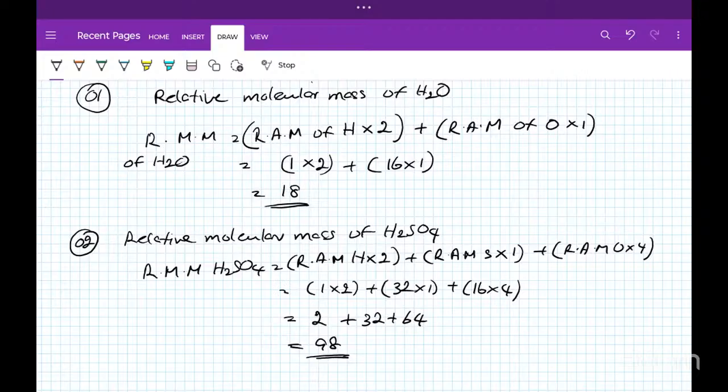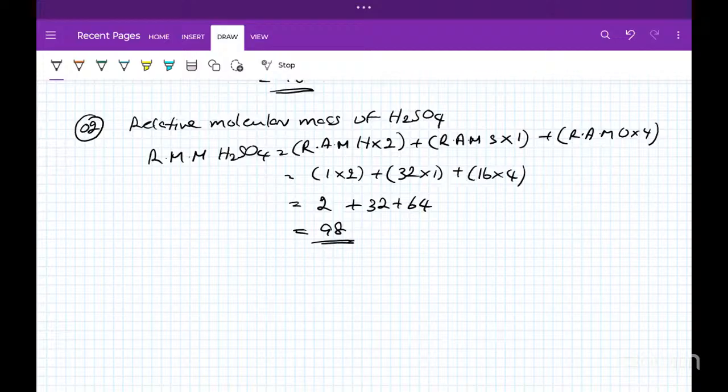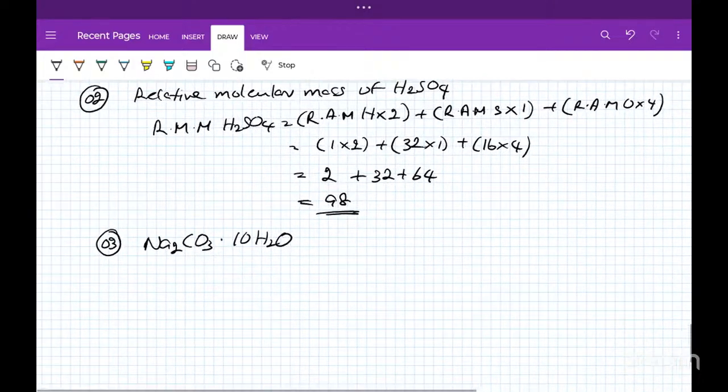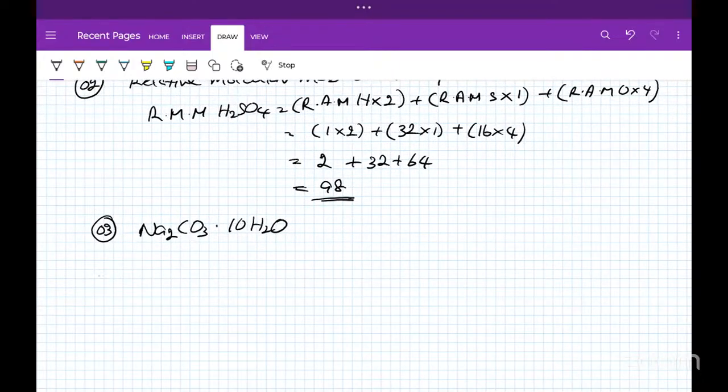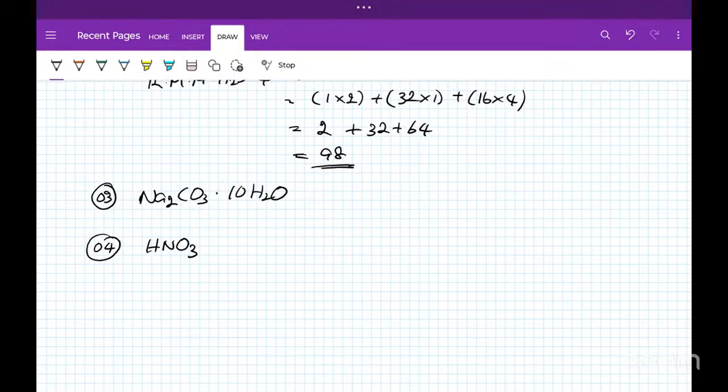Now I will give you some examples. So here are some calculations. Number 3, Na2CO3.10H2O. Write down these things as homework one by one, then you can do it at home. HNO3. You have to find the relative molecular masses of these molecules.